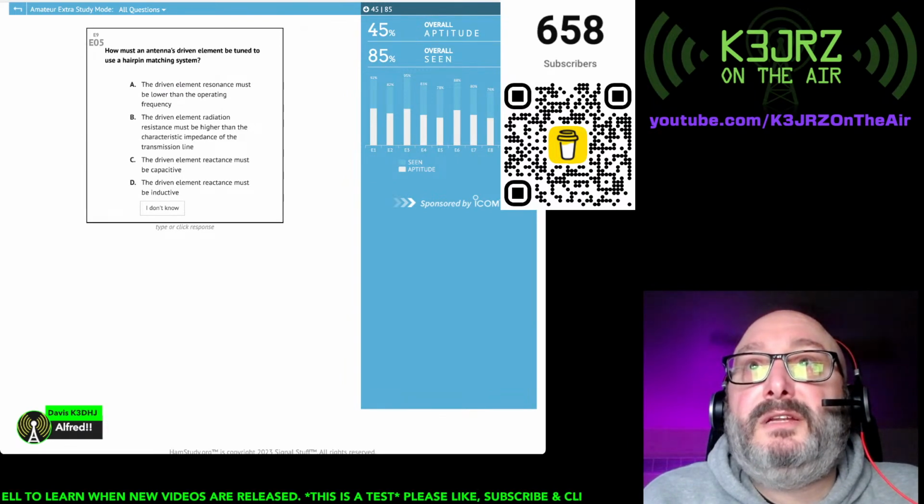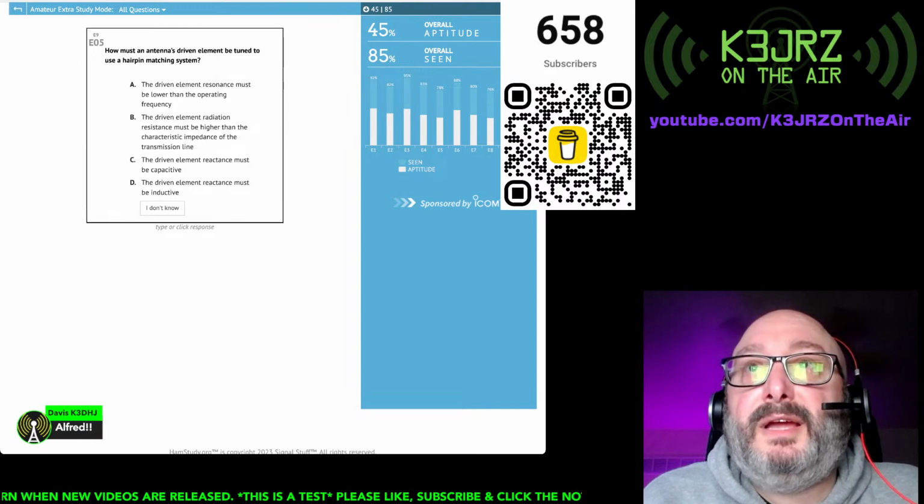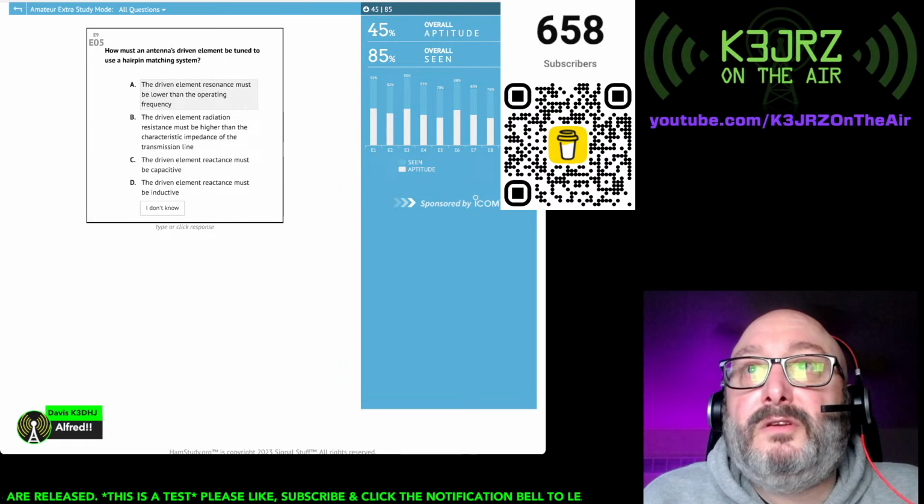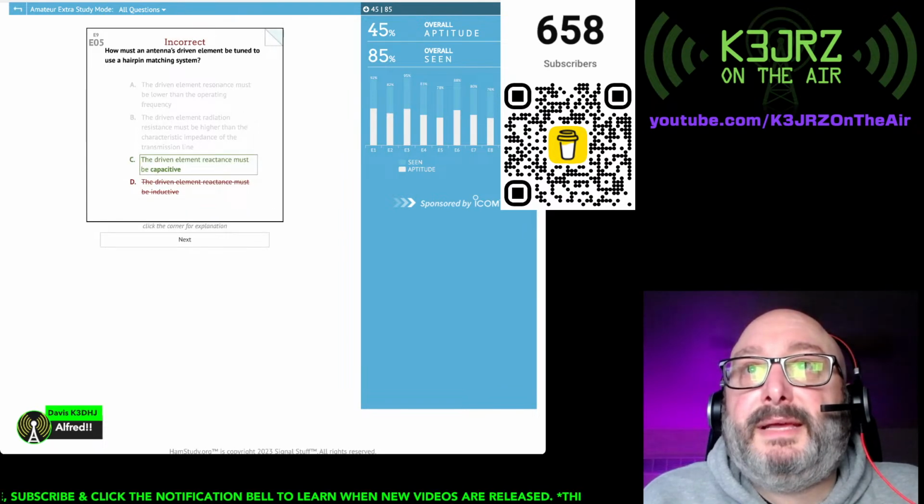How must an antenna's driven element be tuned using a hairpin matching system? Oh, I think I've seen this one before. Must be capacitive.